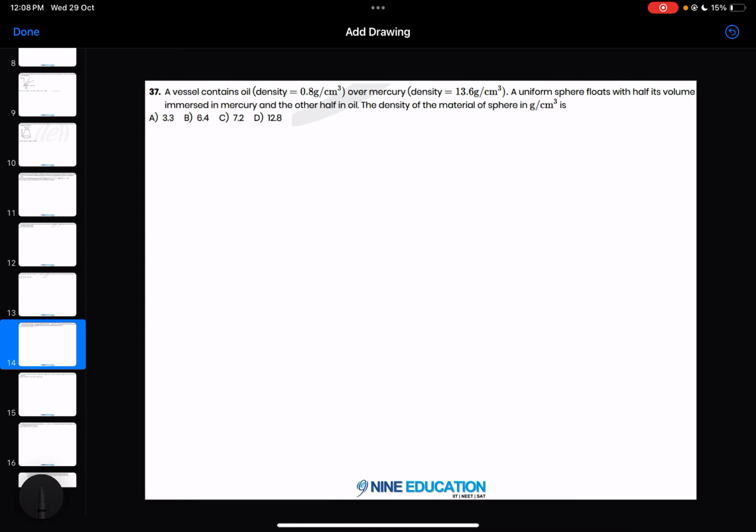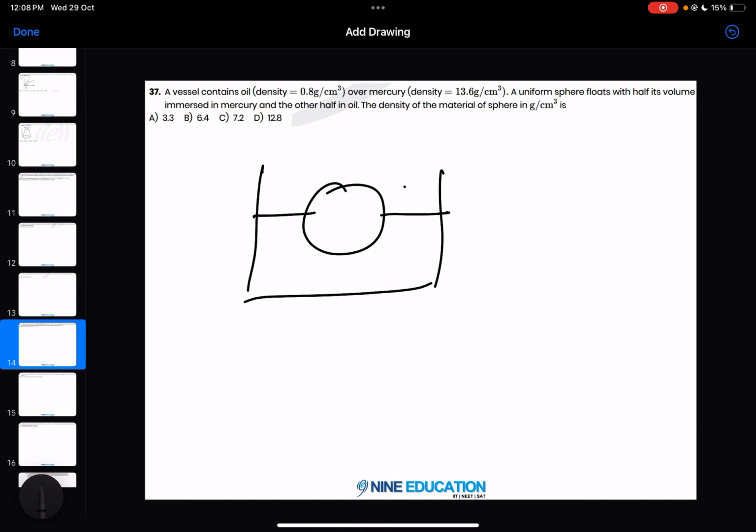Moving on to the next question, you placed a sphere in oil and mercury, such that half is in one and half is in the other. So here the simple concept is buoyant force must balance mg. What is the buoyant force exerted by oil?